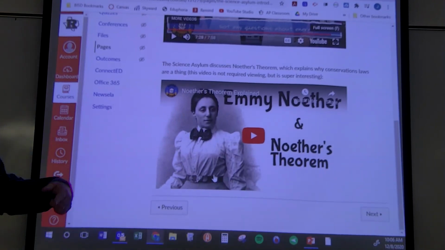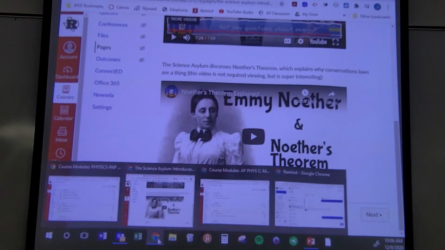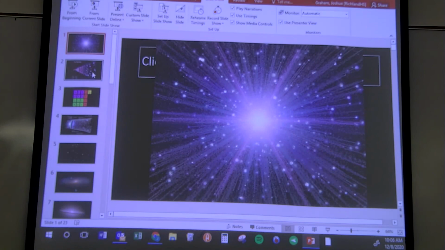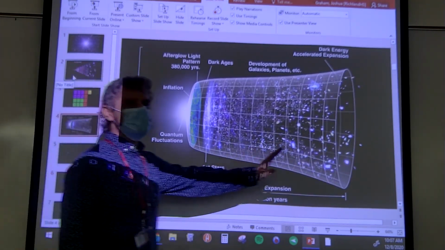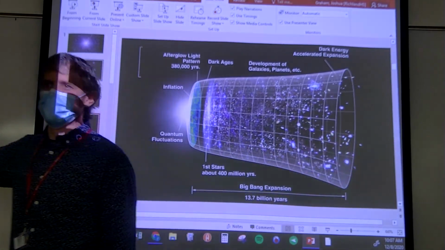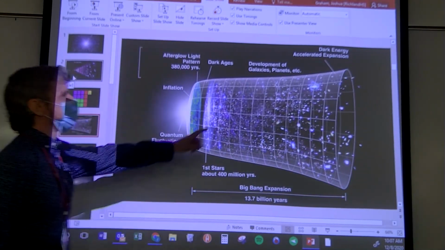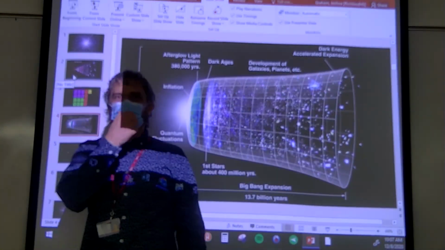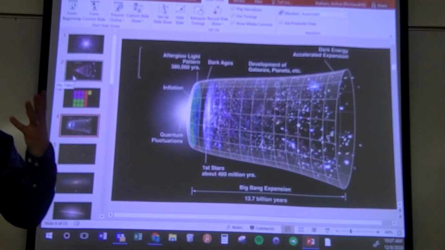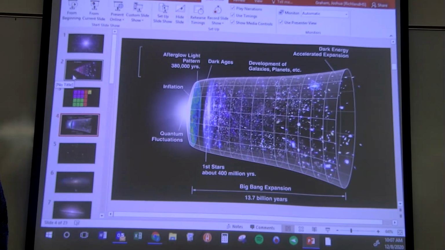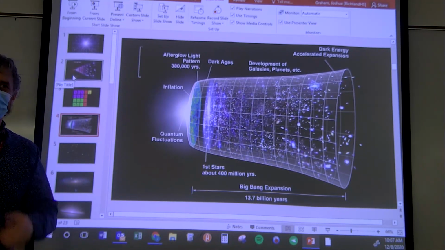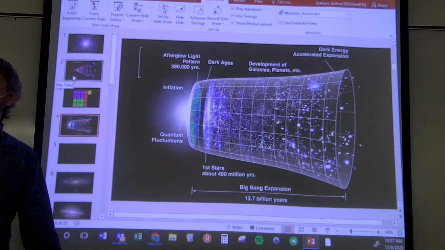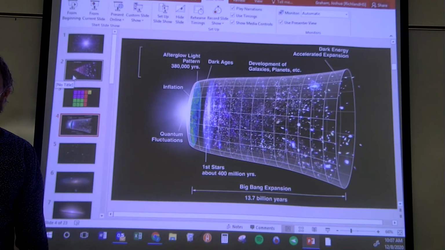Over the entire course of the history of the universe, energy has not been conserved. There's actually more energy in the universe now than there was at the beginning of the universe. And that's because of dark energy. The universe is expanding, but the dark energy density contained within space itself is not changing. So if the density isn't changing, but the universe is getting larger, there's more energy than there was before.